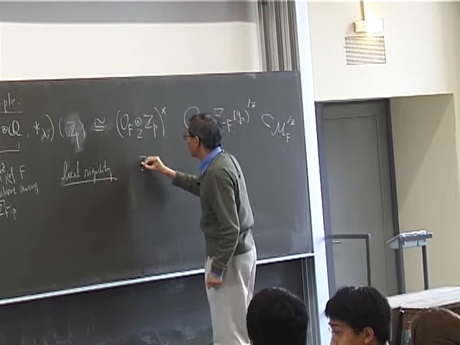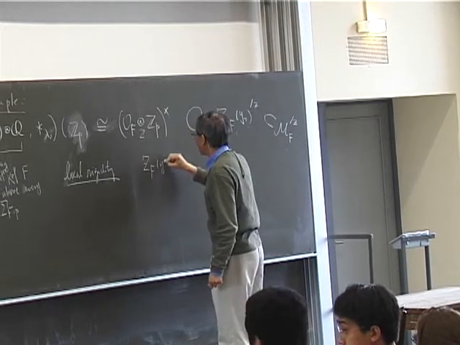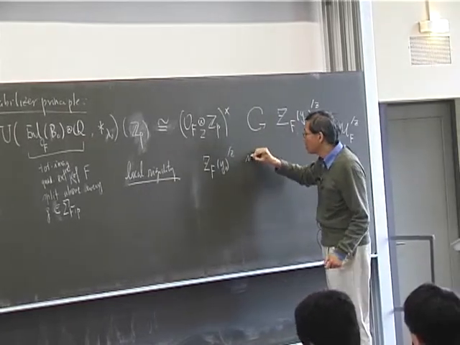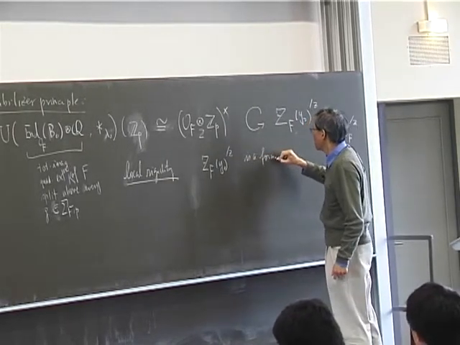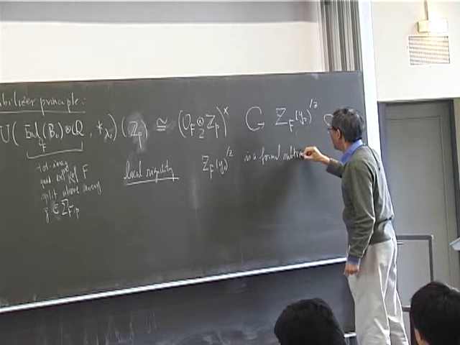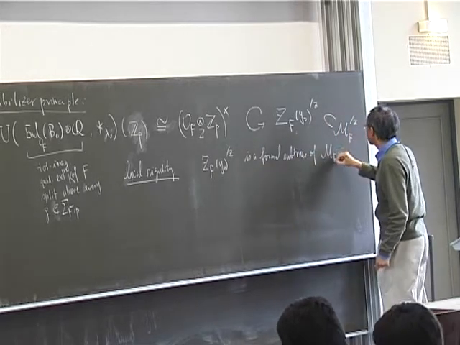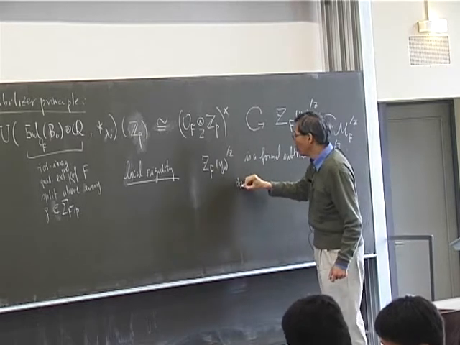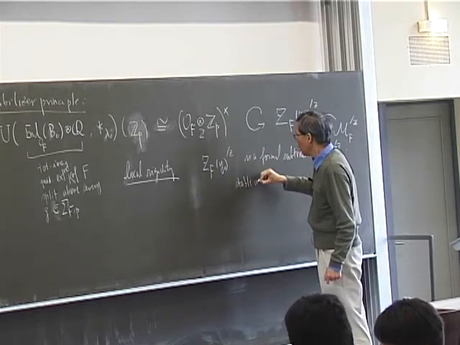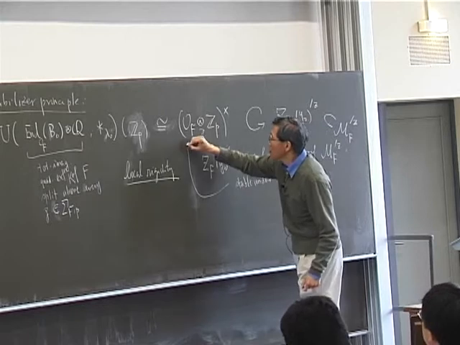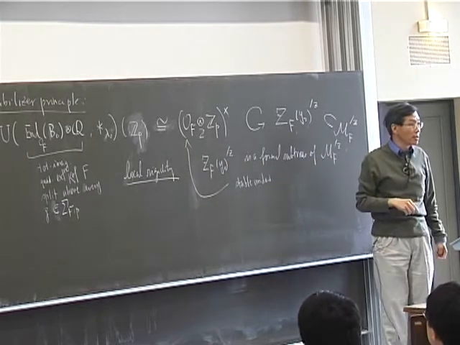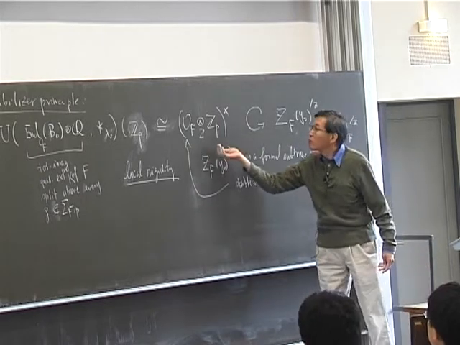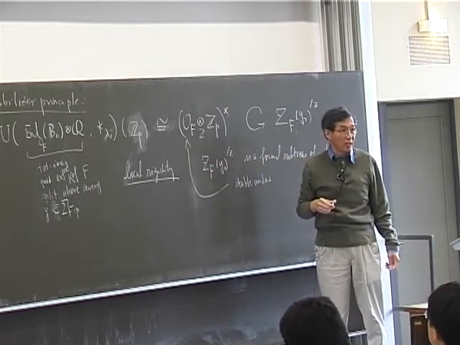So this here, ZF Y0 completed at Z, is a formal subtorus of the Serre torus, but with one more property: it's stable under this action of this local stabilizer subgroup, which we completely understand via linear algebra.